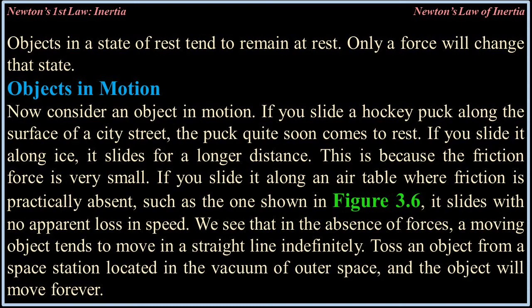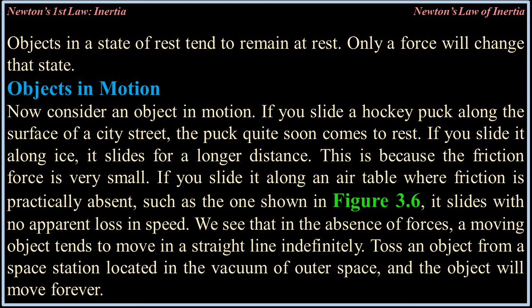Objects in motion. Now consider an object in motion. If you slide a hockey puck along a surface of a city street, the puck quite soon comes to rest. If you slide it along ice, it slides for a longer distance. This is because the friction force is very small.